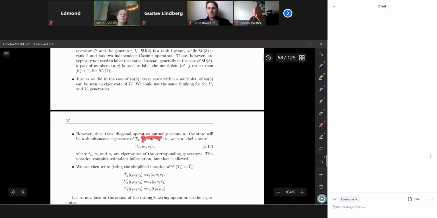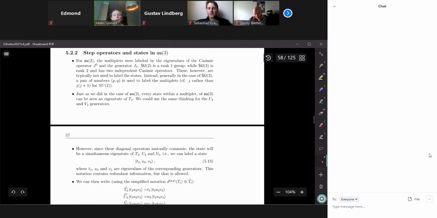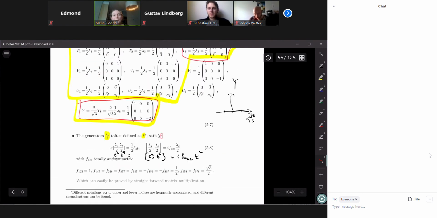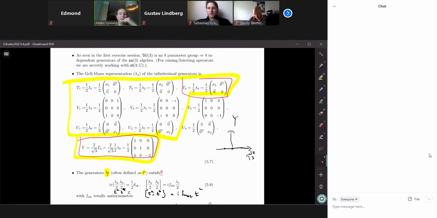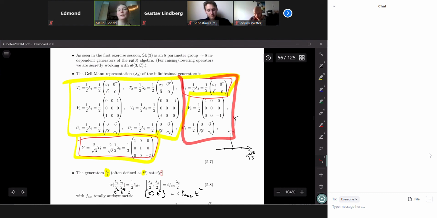However, we can form those as linear combinations if we want. And if we go back and have a look, the V3 being diagonal, the U3 being diagonal, and the T3 being diagonal, we see that they are all diagonal, so they do all commute with each other.